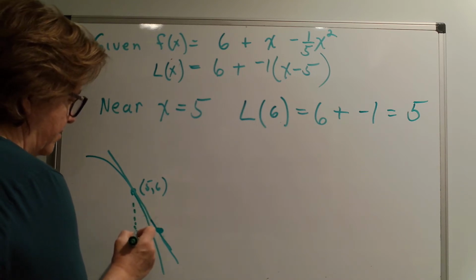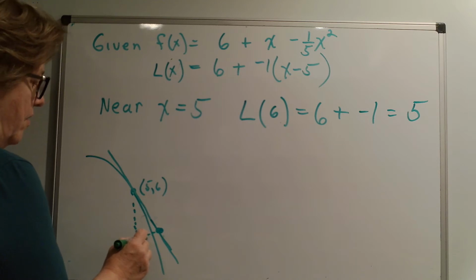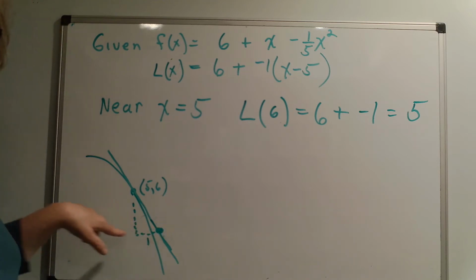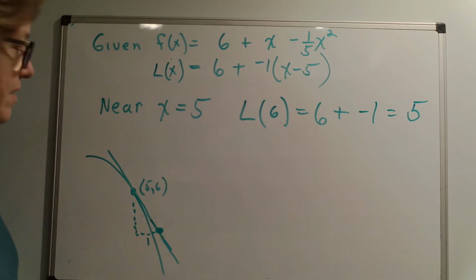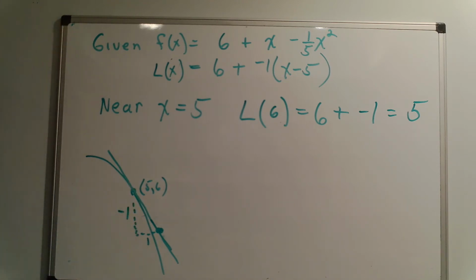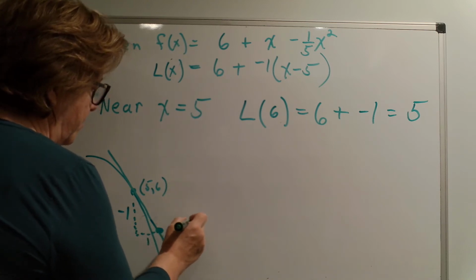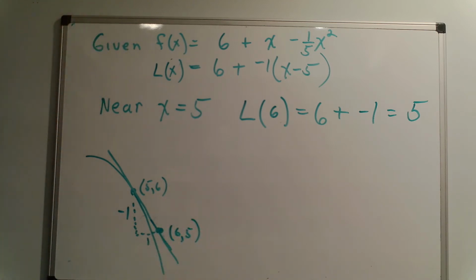We're on the tangent line. So if we go over 1 in x, so our run is 1, our rise is going to be negative 1. And we're going to wind up at 6, 5.